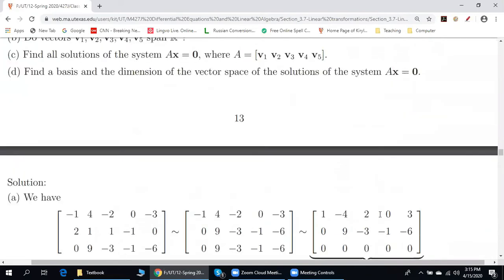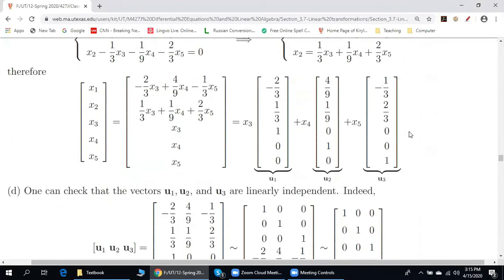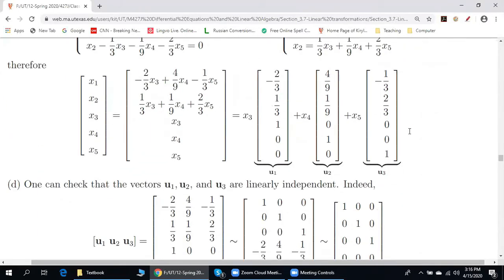Lastly, D, find a basis and the dimension of the vector space of the solutions of our system. Well, first of all, observe that indeed the set of all solutions of this system is a vector space, because the set of all solutions of our system is span of U1, U2, U3.